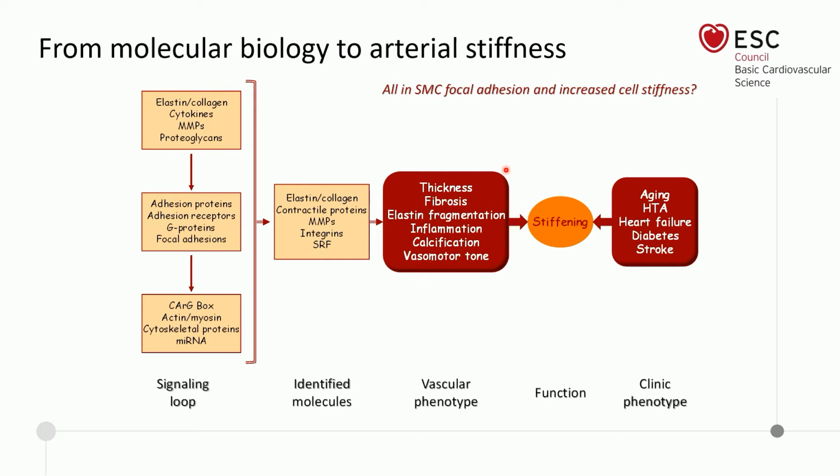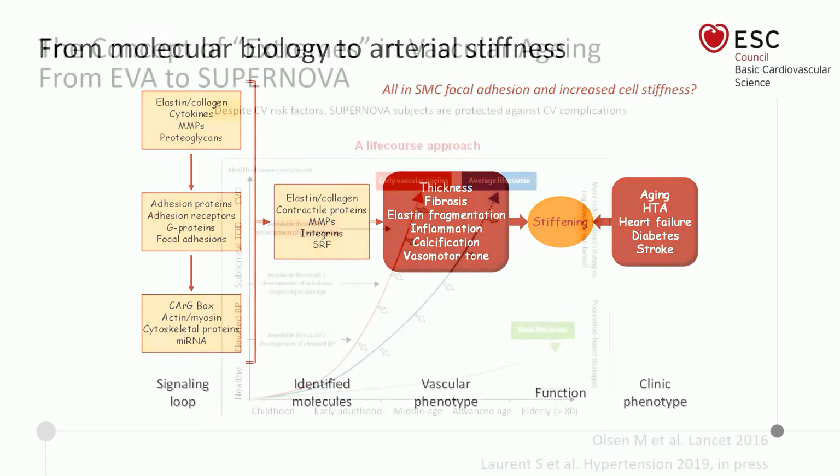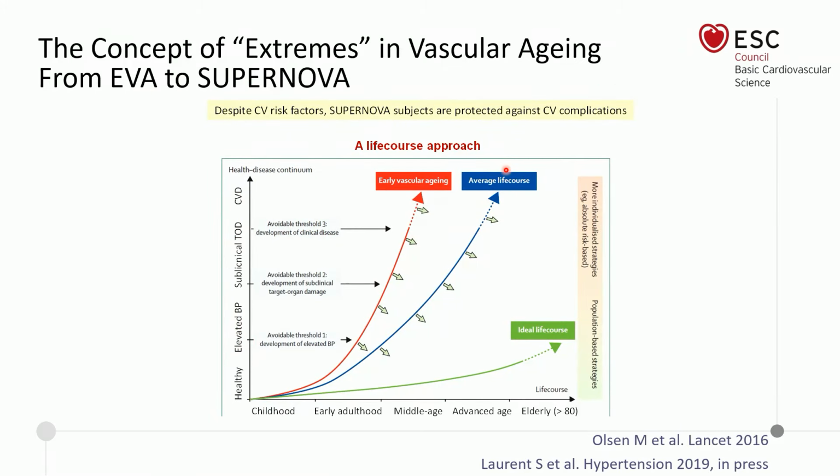And in fact, the additive or synergistic effects need to be elucidated further. In the third part, I would like to look at the influence of epigenetic modifications in vascular remodeling.